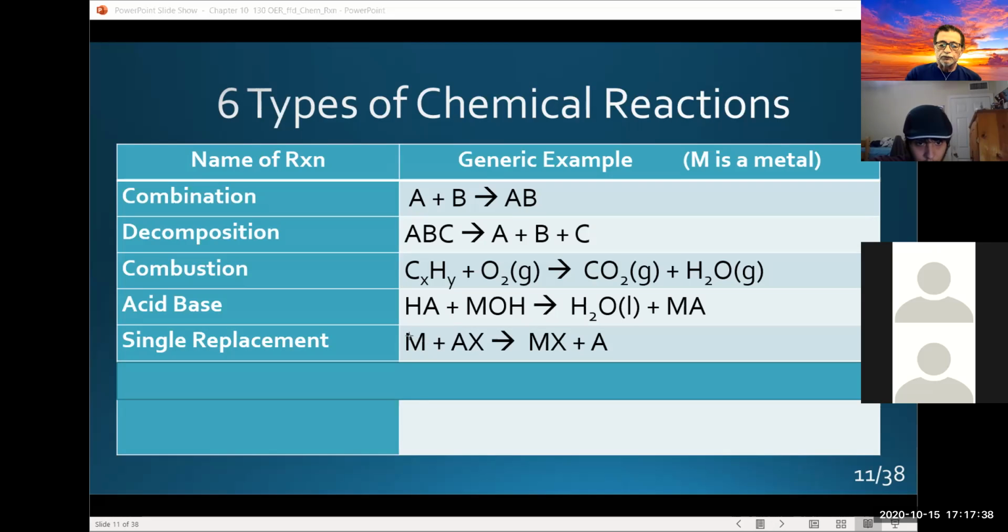Okay, what we do is we take a metal in elemental form and we react it with another metal, but in salt form. So that's why A represents another metal. This could be sodium chloride, potassium chloride, but it's in salt form.